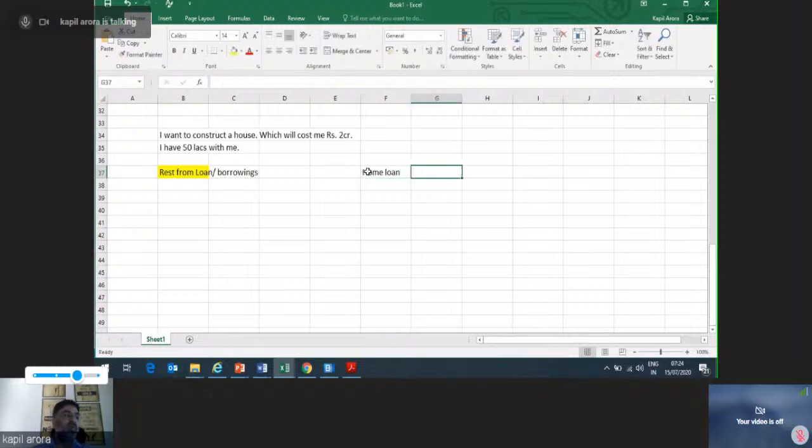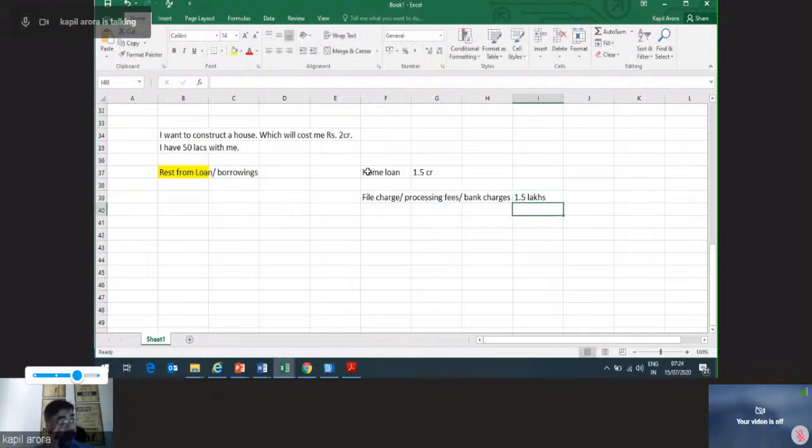When you go to the bank for a home loan, the bank says we will give you 1.5 crore. But for 1.5 crore there is a file charge or processing fees or bank charges. Let's assume that is 1%, which is 1.5 lakhs.